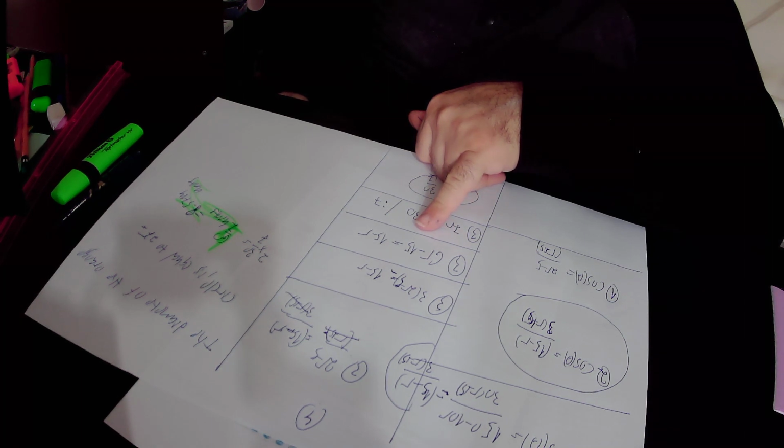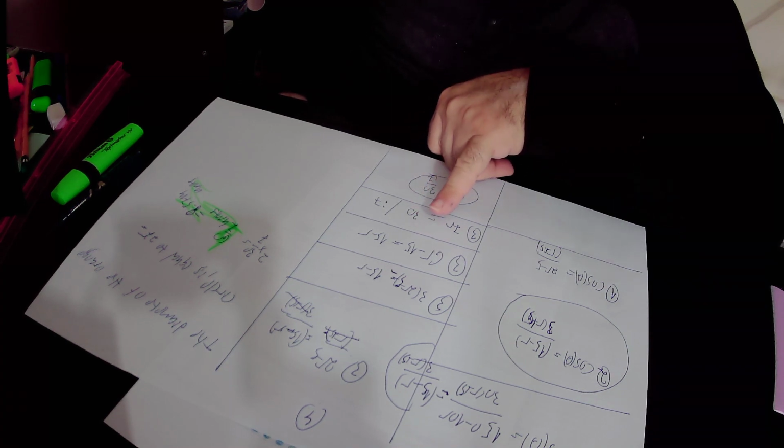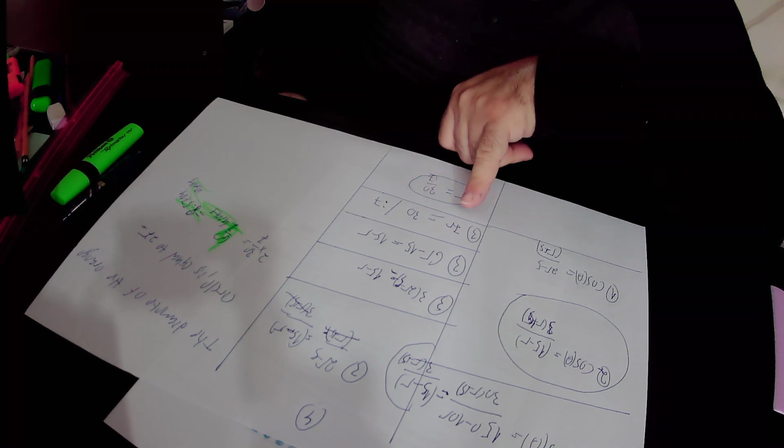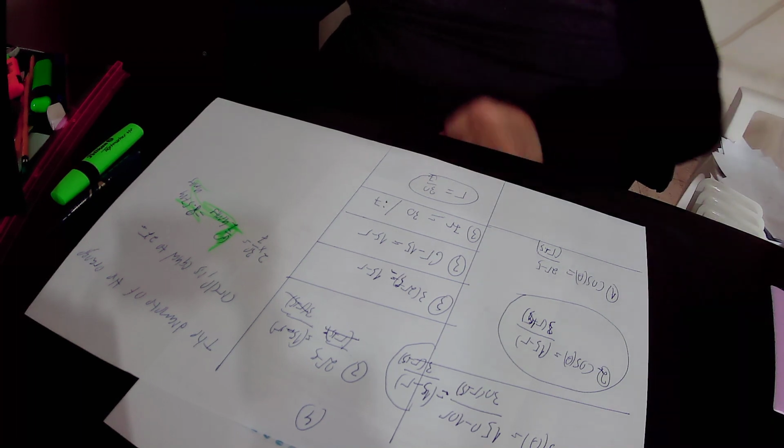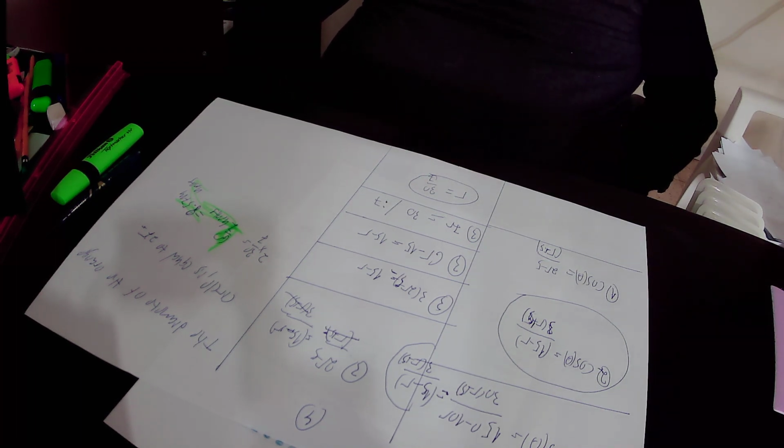So according to equation number 3, 6r minus 15 equals 15 minus r. We added r to this equation, and we also added 15, and we got that 6r plus r is 7r, and 15 plus 15 is 30. So in conclusion, 7r equals 30 according to equation number 3.